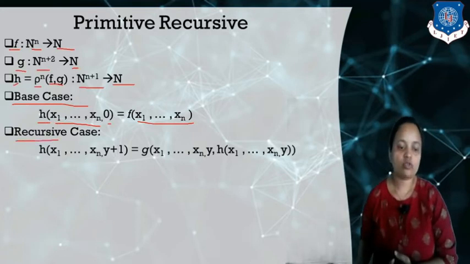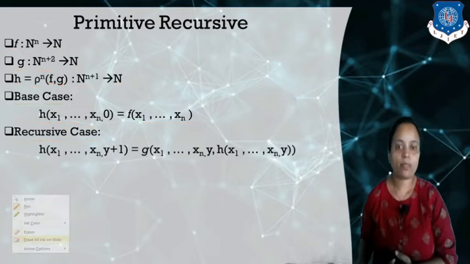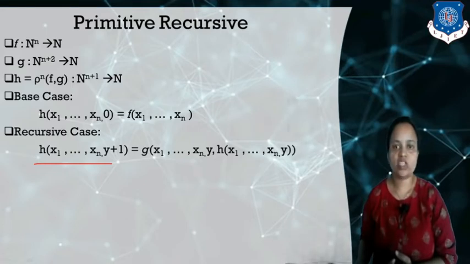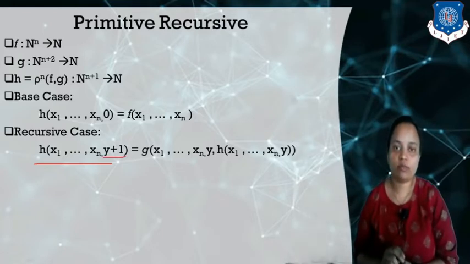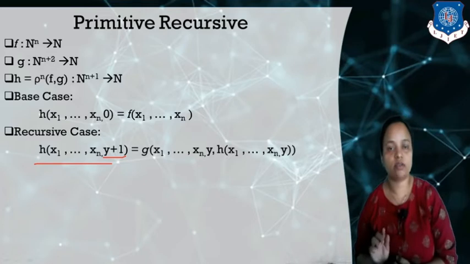Now how are we going to define a recursive case? The recursive case is defined by h of x, x1, x2 up to xn, which takes n inputs, and here we are not taking 0 as a final input because this is not a base case, this is a recursive case.